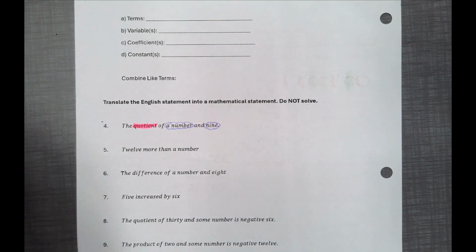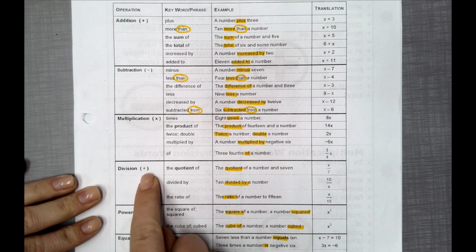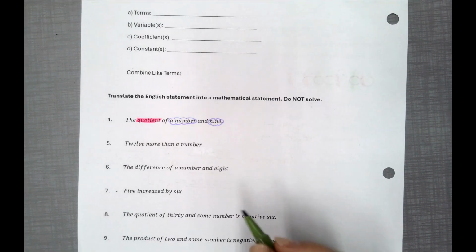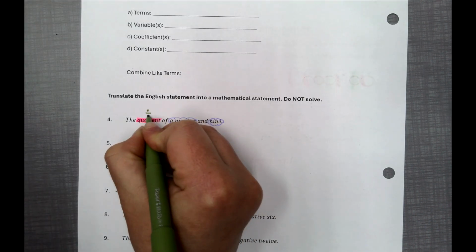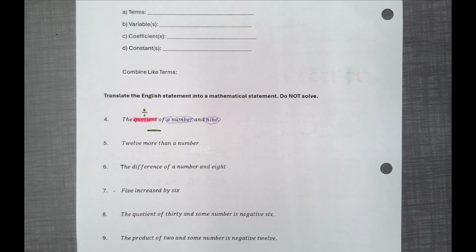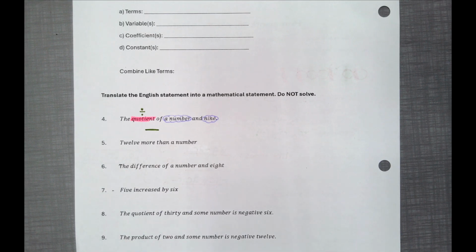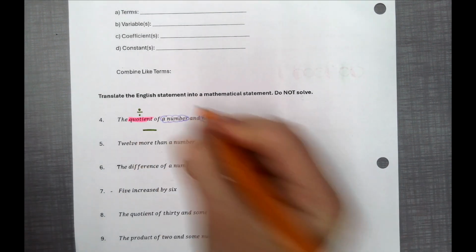Quotient means we have division. When you are writing division, you're going to be putting a line just like that. That's your quotient. Then a number is translated to a variable. A variable is a letter, and a letter is any letter that you come up with.